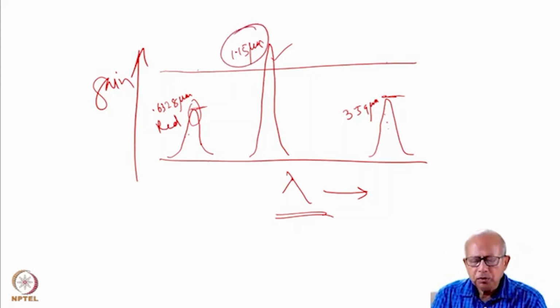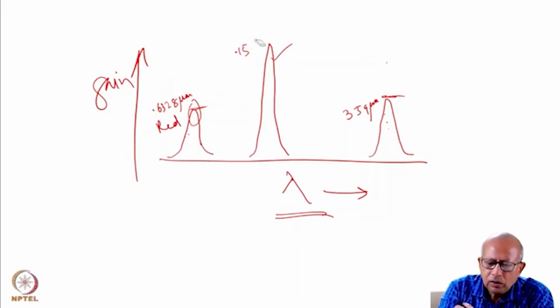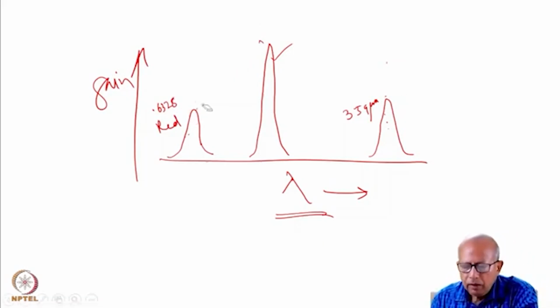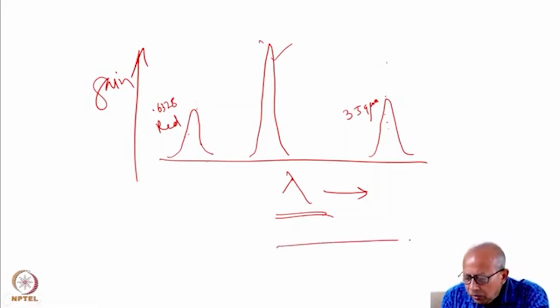Now, if you have to choose another wavelength, for example, this one, which has the minimum gain, that is the visible. So what you do, so this is your helium-neon active medium.